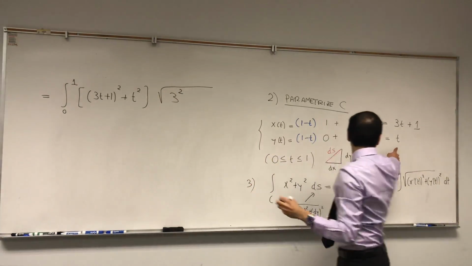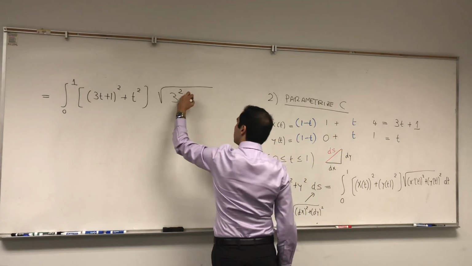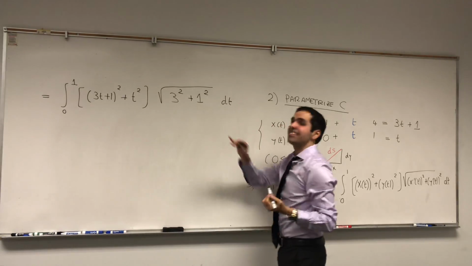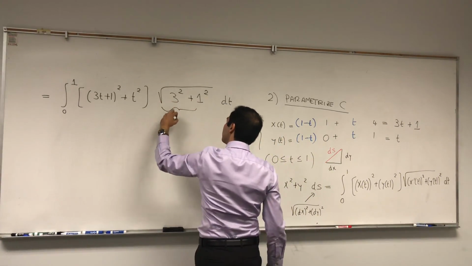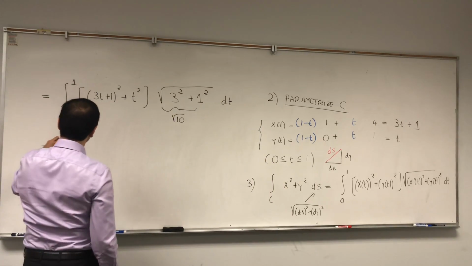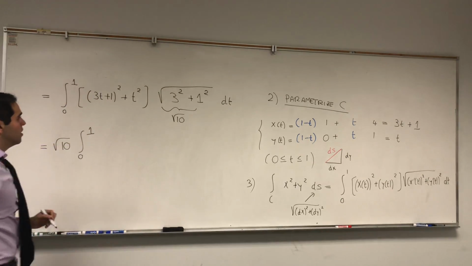The derivative of y with respect to t is 1, so 1 squared, dt. Which you see, it's nice, now it becomes a constant. So what this is, it's square root of 10. So what we get is square root of 10 times the integral of this thing.